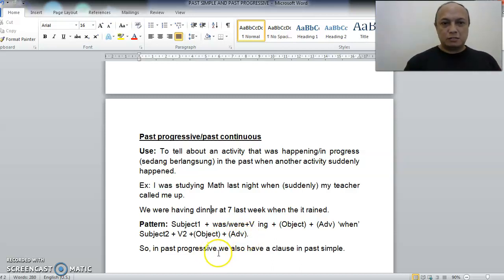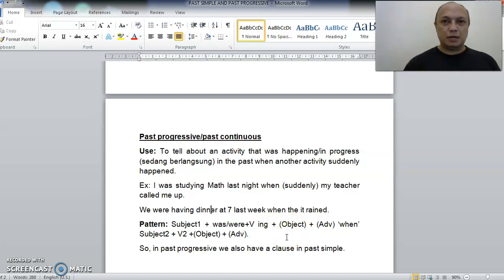So in past progressive, we also have a clause. This is called the subordinate clause in past simple. And before that, you have the main clause here in past progressive.